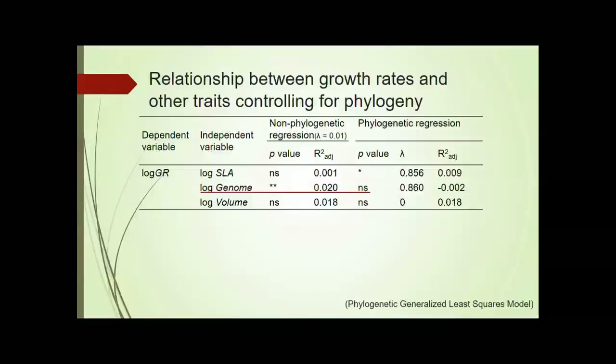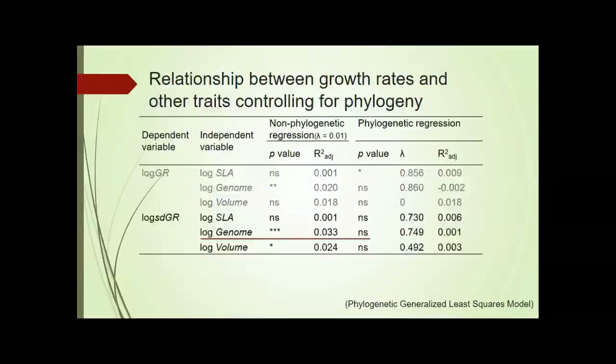From here, we can say the relationship between GR and the genome size was significant when we did not consider phylogeny. But the significance disappears when we consider phylogenetic information, which shows that the absolute growth traits, the genome size, and their relationship share phylogenetic conservatism, which means they share the evolutionary history. Also, for the standardized growth rates, we got similar results.